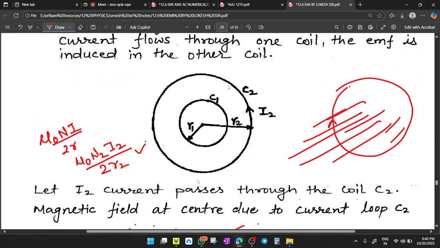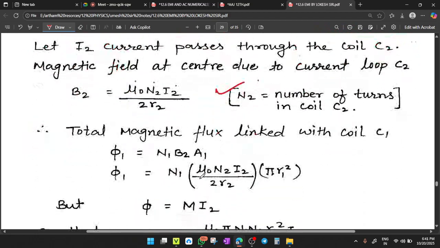Now the field produced by this coil will be linked with the primary coil, as the primary coil is inside this C2 coil. So flux will link with the C1 coil that is inside. Flux equals magnetic field multiplied by area. Whose area? Area of coil 1.